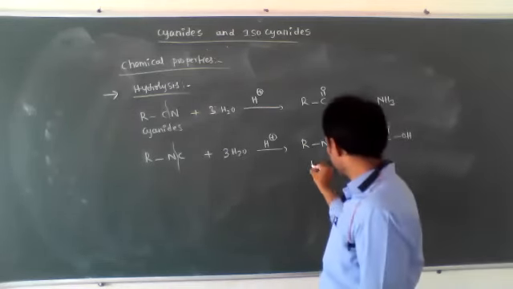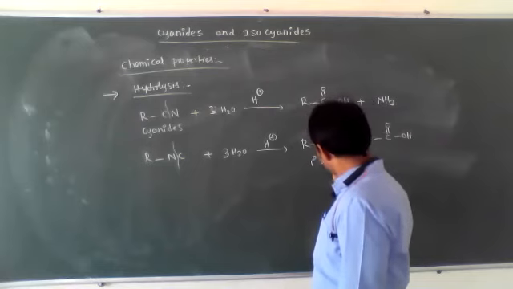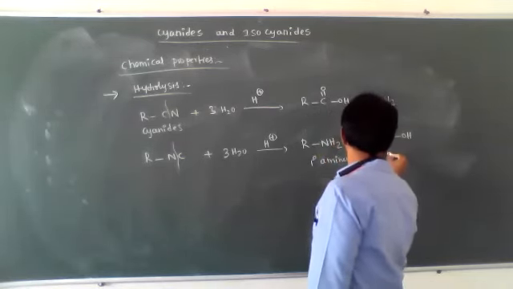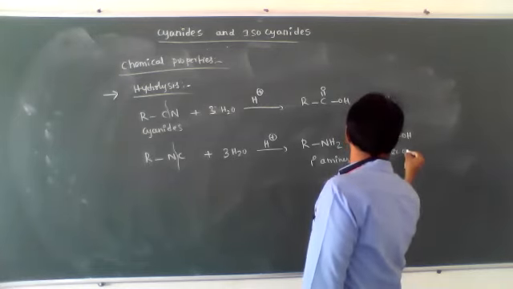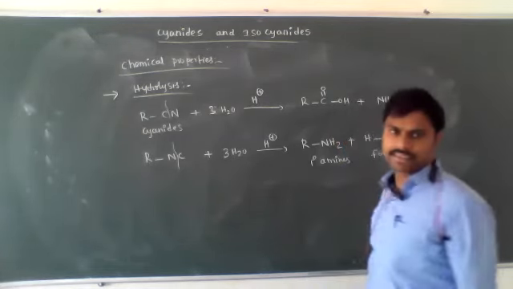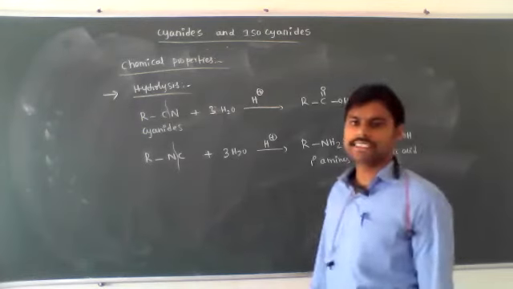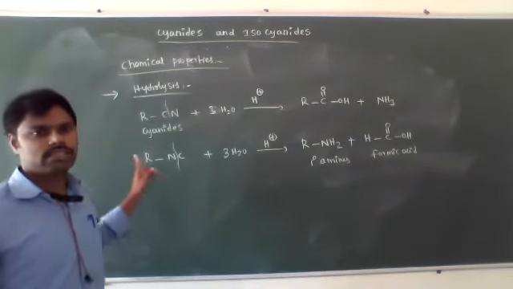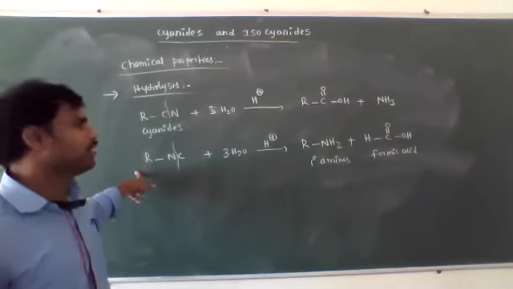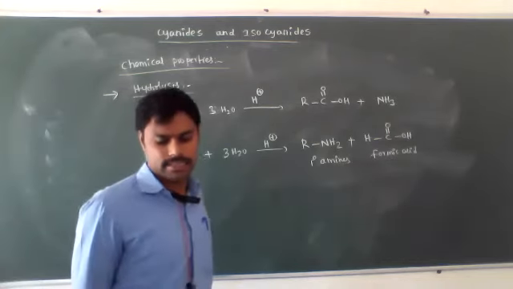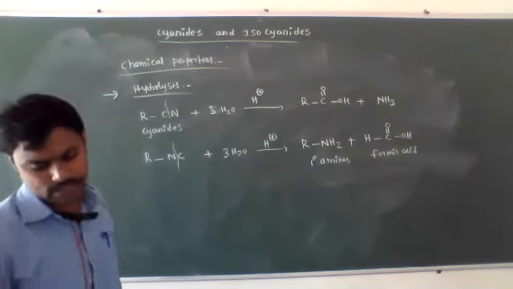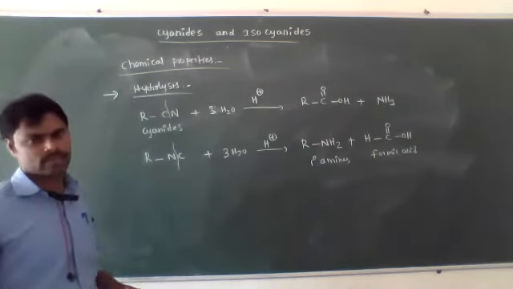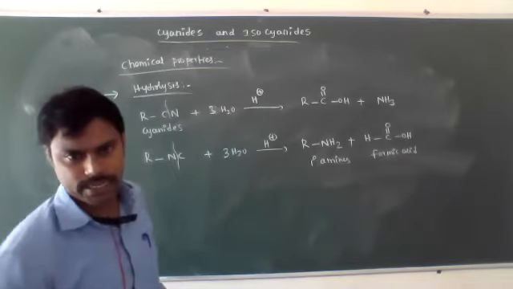Primary amines and formic acid are the products. So hydrolysis of cyanides gives carboxylic acids as the major product. Hydrolysis of isocyanides gives primary amines and formic acid. Okay, these are the hydrolysis reactions of both cyanides and isocyanides.